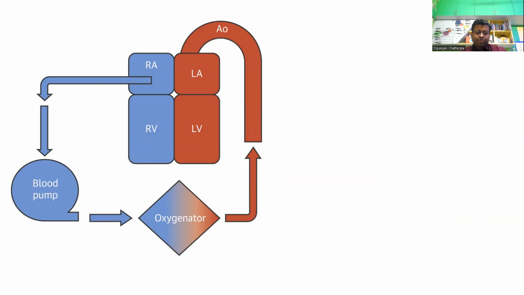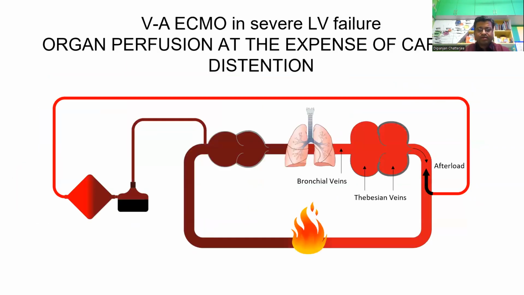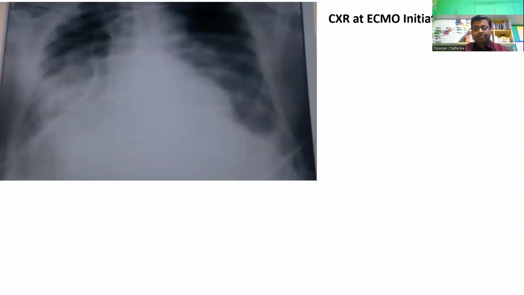So in VA ECMO, there is a blood pump, and though the preload comes down because we are taking out blood from the right side, we are increasing the afterload of the left side of the heart. So always remember that the patient may land up in LV distension after you have put the patient on ECMO.